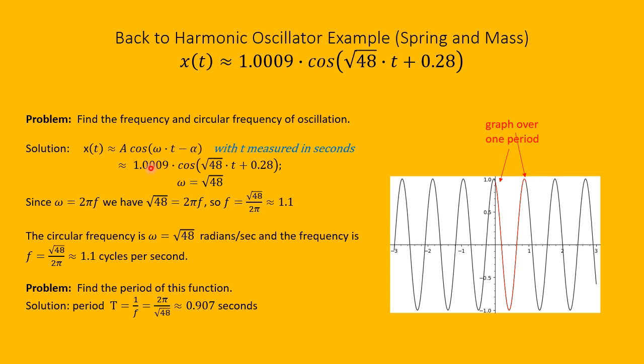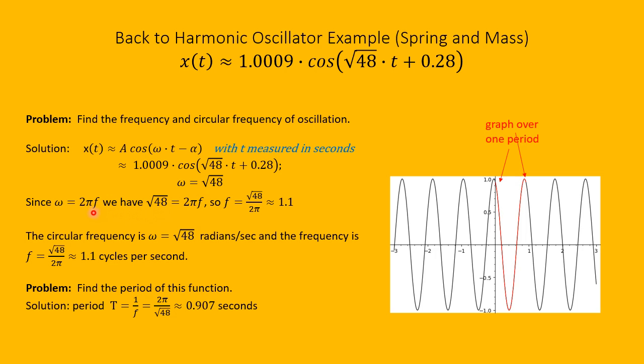In our case, it's 1.009 times cosine of the square root of 48 times t plus 0.28. So the square root of 48 times t has to be omega t. So omega has to be the square root of 48, which is just a little bit less than 7, I guess. Square root of 49 is 7.